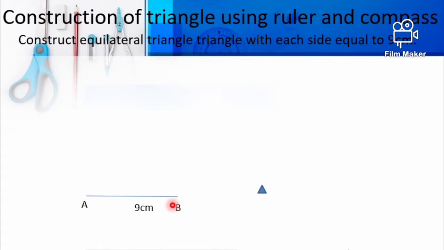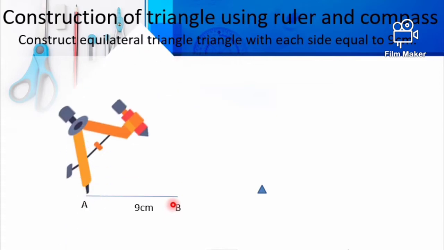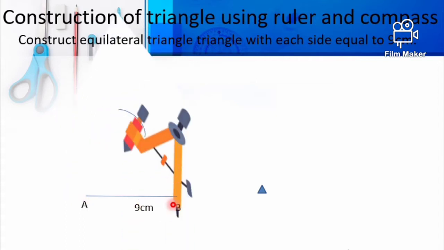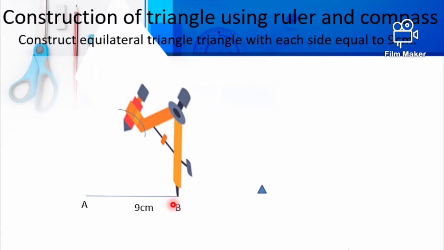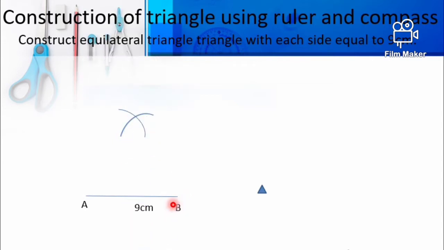Then with A as a center, we will place our compass at point A and draw an arc of 9 centimeter. Then with B as a center, draw another arc of 9 centimeter which intersects the previous arc at point C. Now we have the three vertices of a triangle A, B and C.